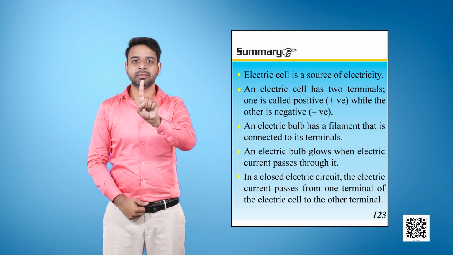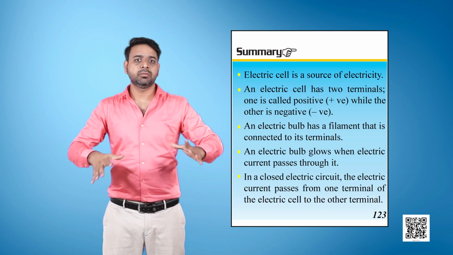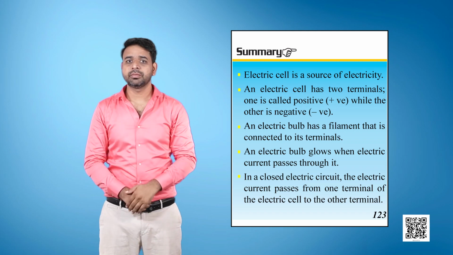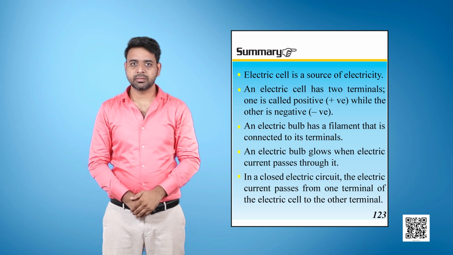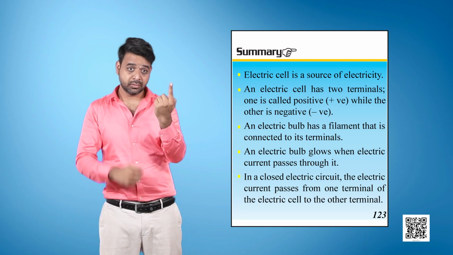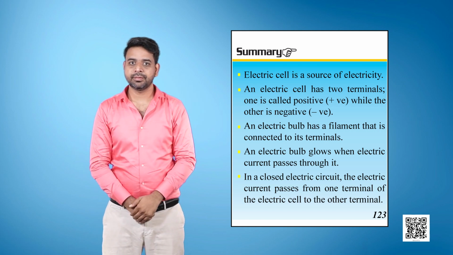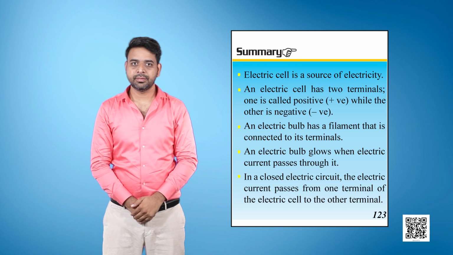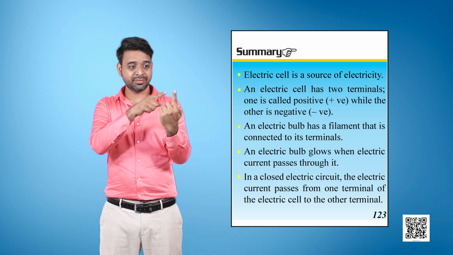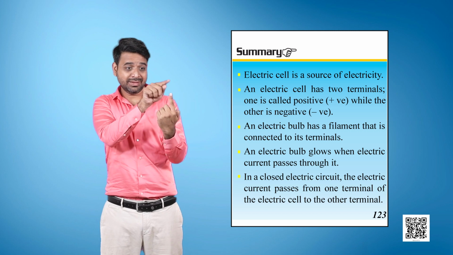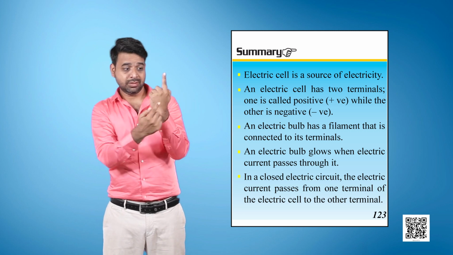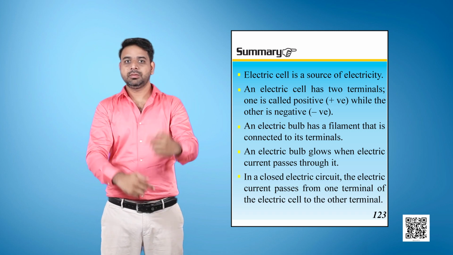Page 123. Summary. Electric cell is a source of electricity. An electric cell has two terminals. One is called positive, while the other is negative.